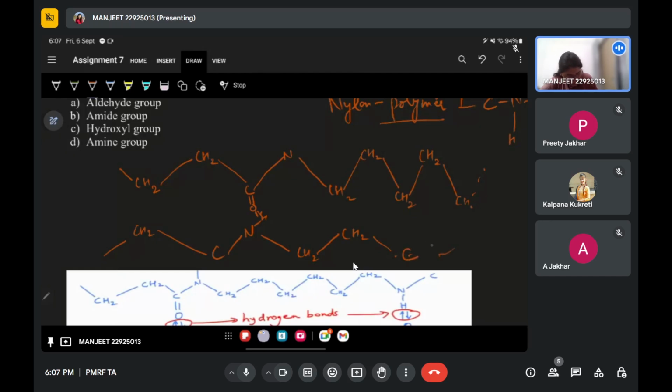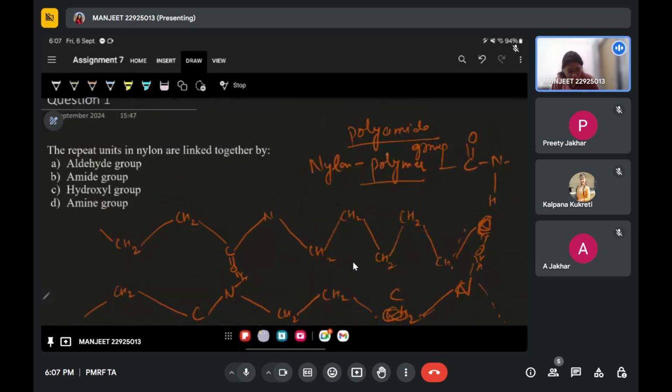There will be bonding here also with H. So in the polyamide, the structure has this C=O and N-H, and this is my polyamide group.